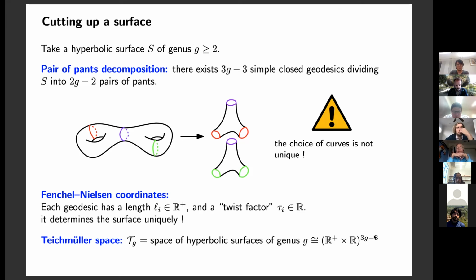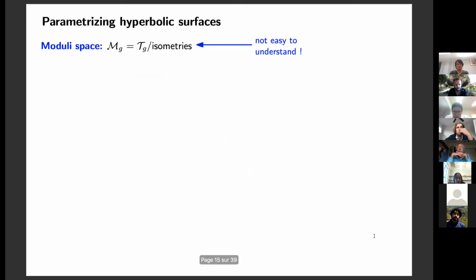However, this is not the space of hyperbolic surfaces we will consider. We will quotient this space by the isometries of the surface. Now I have my space of hyperbolic surfaces that are parameterized by these coordinates, but then I'm going to say two surfaces are the same if they're isometric.